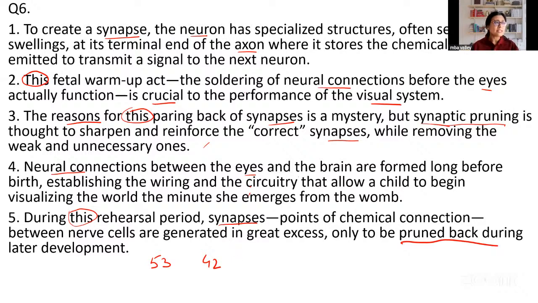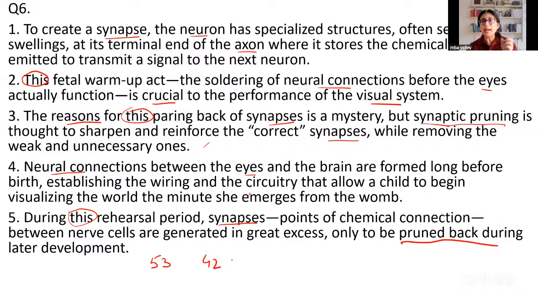Now, sentence number 3 continues to discuss this by offering an explanation of why synapses are pruned. Why, what reason is given? To reinforce the necessary connections and eliminate the weaker ones. This helps to retune the brain's wiring, ensuring that the important pathways are retained while the less useful ones are discarded.